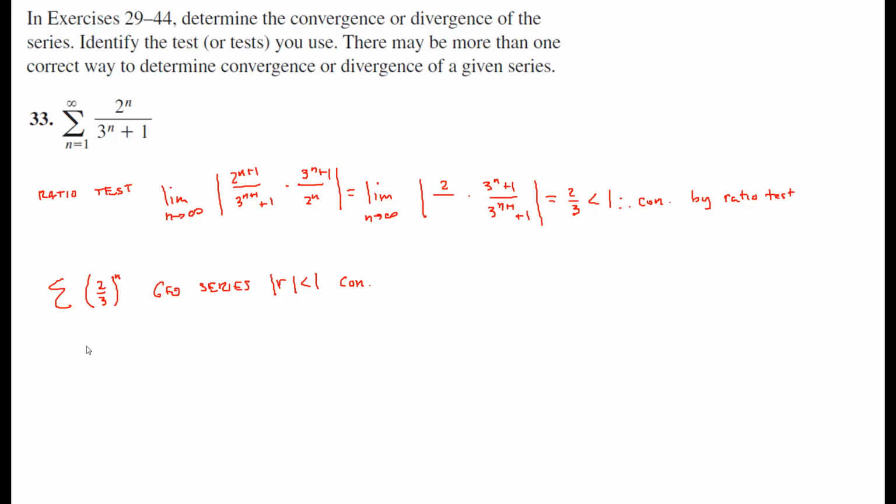And I can say pretty easily that 2 to the n over 3 to the n plus 1 is less than or equal to 2 to the n over 3 to the n, because they have the same numerators, but the denominator here is larger than that one, so this is a smaller fraction.